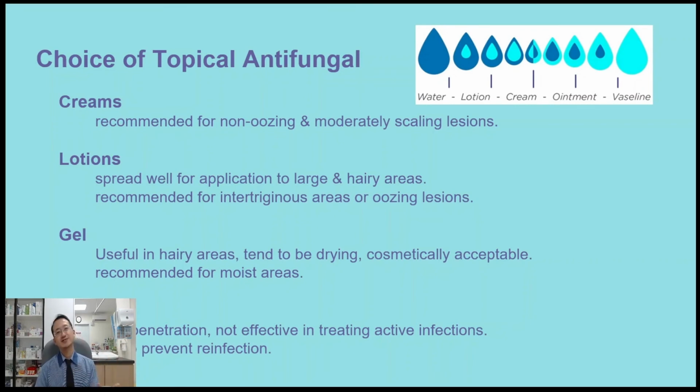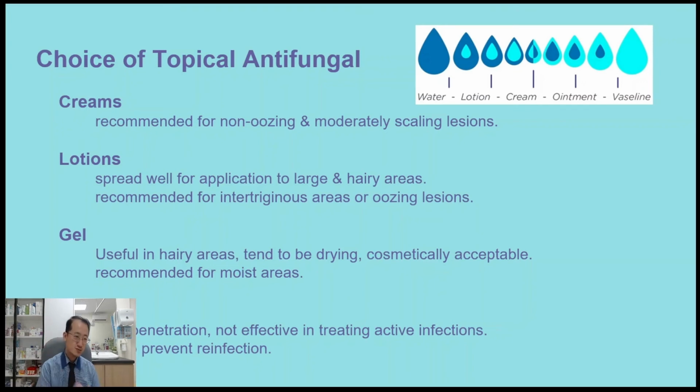The choice of topical antifungal can be creams, lotions, gels, powder. Basically, it depends on the site, the preference, and the frequency you want to apply. Lotions contain quite a lot of water, and if the water content gets less, you have a cream. If there's no water, then you have an ointment.